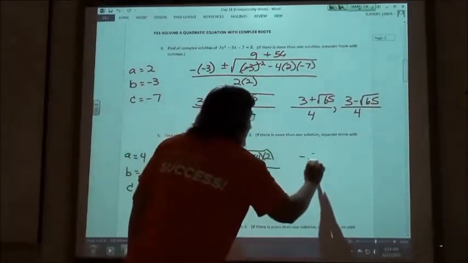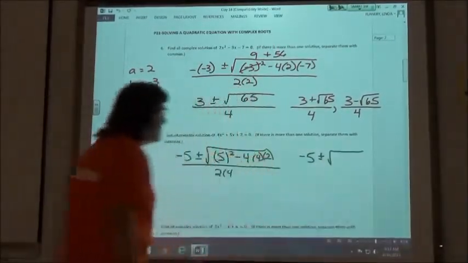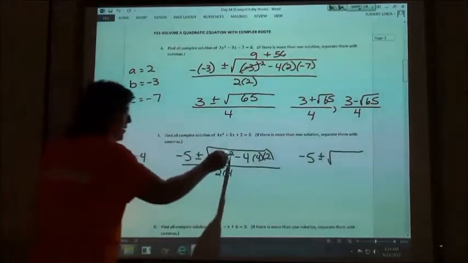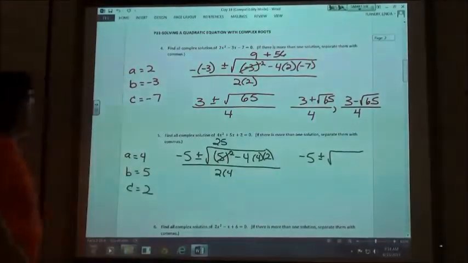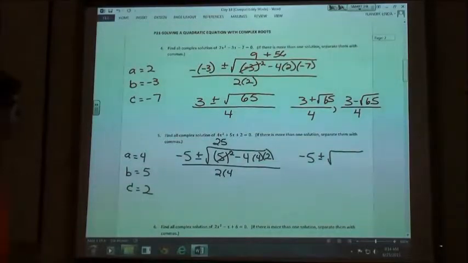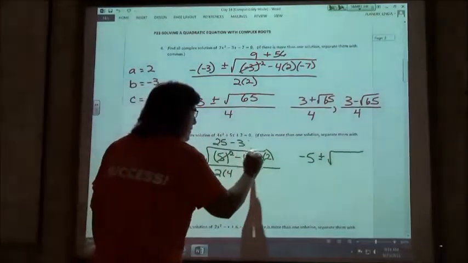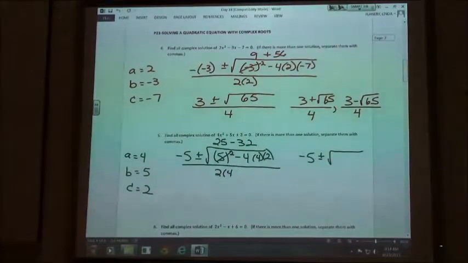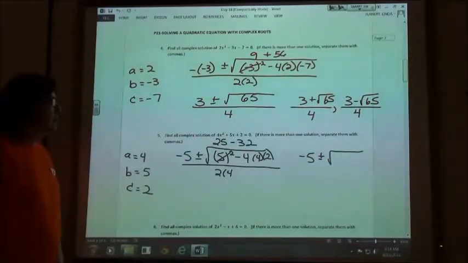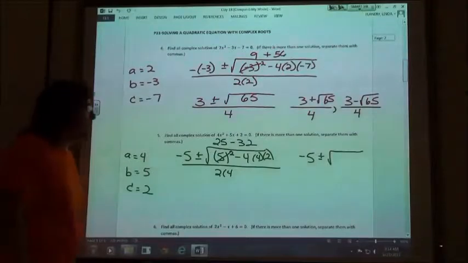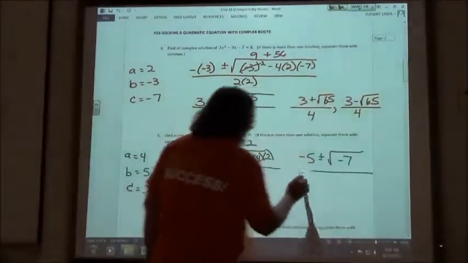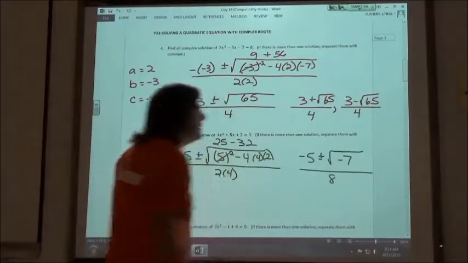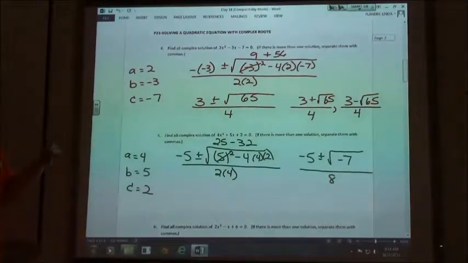So we're going to have negative 5 plus or minus the square root of 5 squared is 25. Negative 4 times 4 times 2 would give me negative 32 if I did that right. So 25 minus 32 would give me negative 7 all over 8.